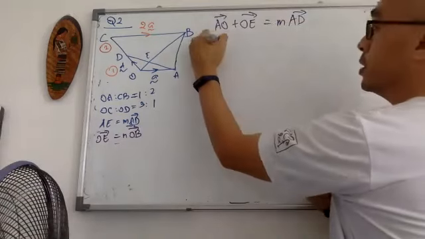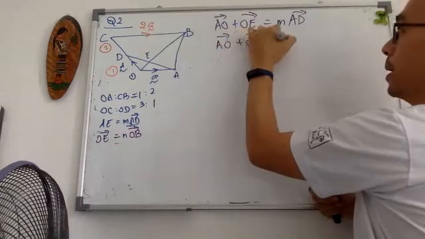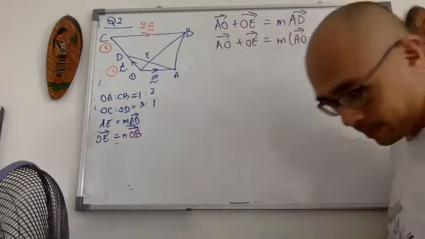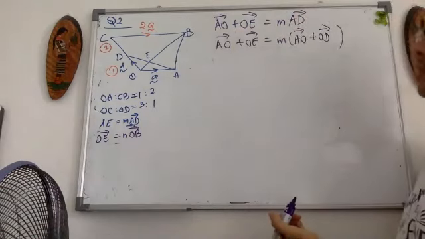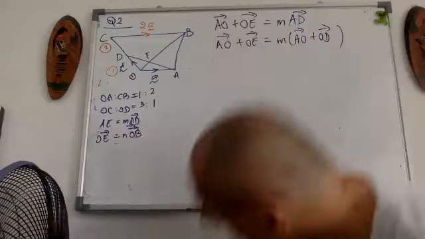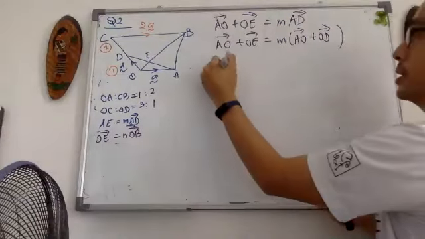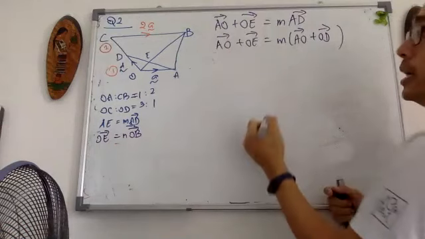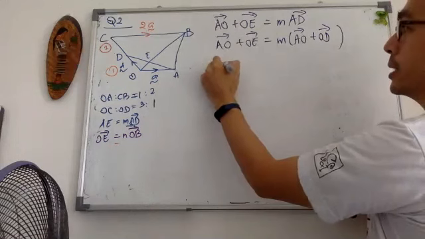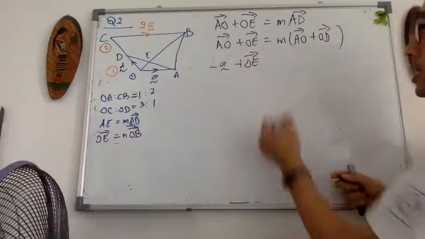Okay, so if I do this, AO plus OE equals M times AO plus OD. Am I reading this question correctly? AE, M AD, OE, and N OB. Okay, fine. So AO, A to O is minus A, plus OE. I'm going to keep this here because I don't really want to touch this.